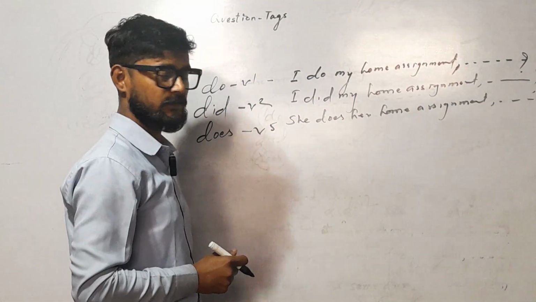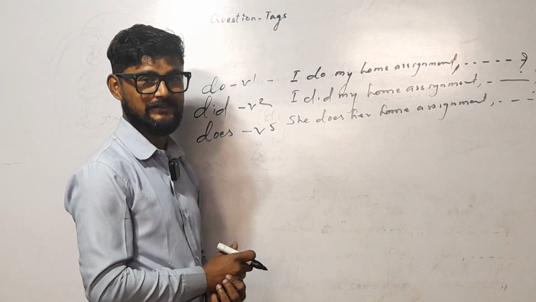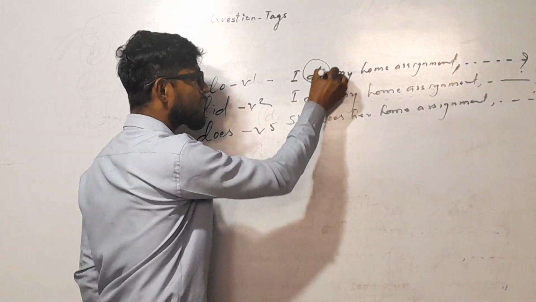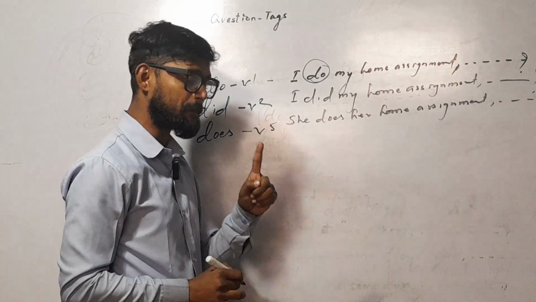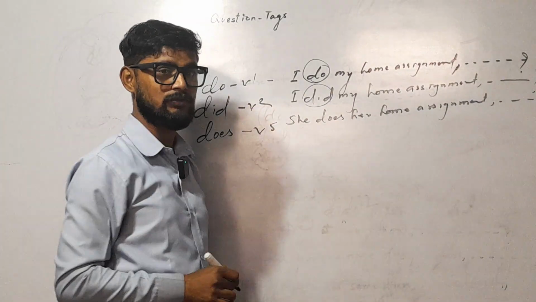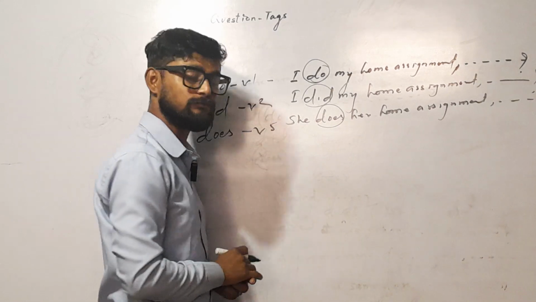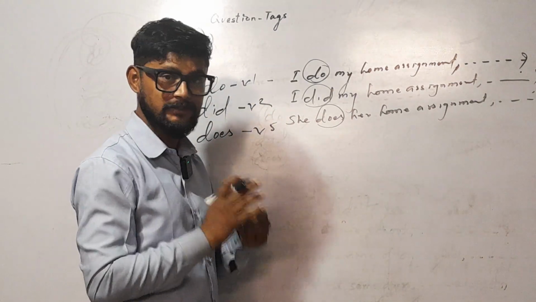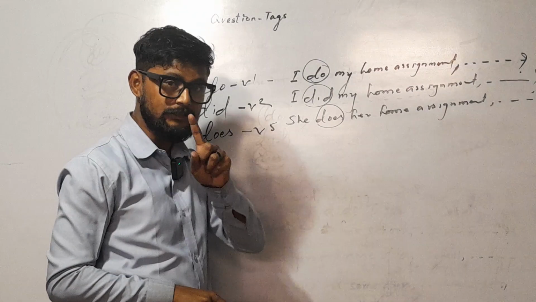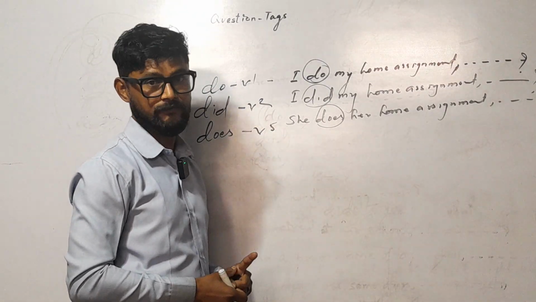We as students get confused in these questions. Yes, but here it is used as the main verb. It is used as verb 2. It is used as verb 5. It means that all these forms of verbs are not used as helping verbs or auxiliary verbs.